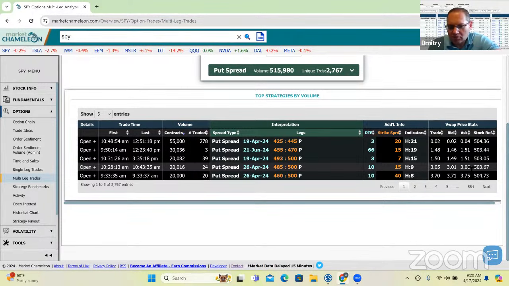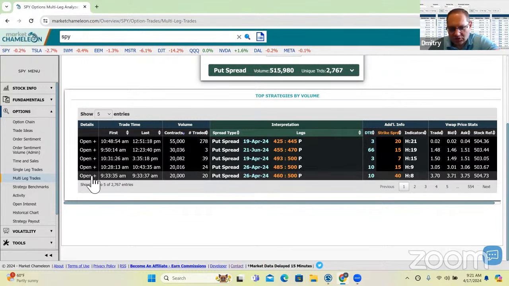Maybe I'm trying to buy a put spread, right? And right below that one, I see one that traded below the bid, actually. The VWAP bid was 371, the VWAP ask 375, and it traded at 370.